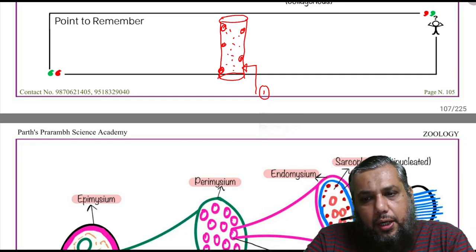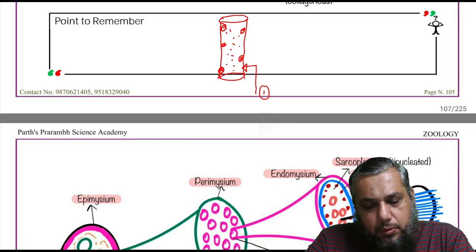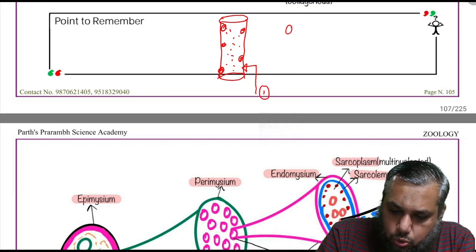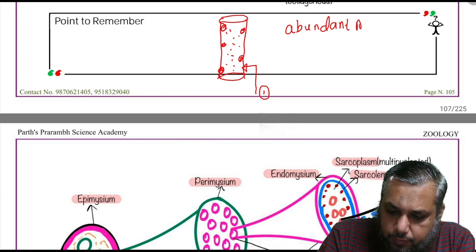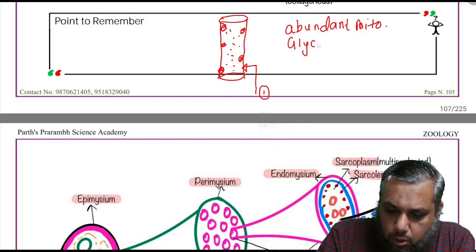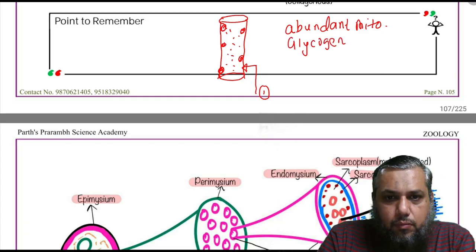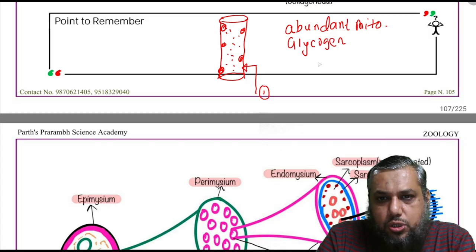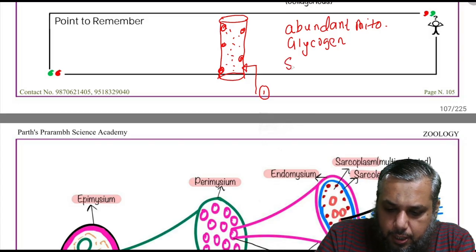And this multinucleate condition is called as the syncytium. The sarcoplasm shows the presence of abundant mitochondria. It shows the presence of lot of glycogen reserves. It also shows the presence of a special endoplasmic reticulum that stores calcium, and that is called as the sarcoplasmic reticulum.